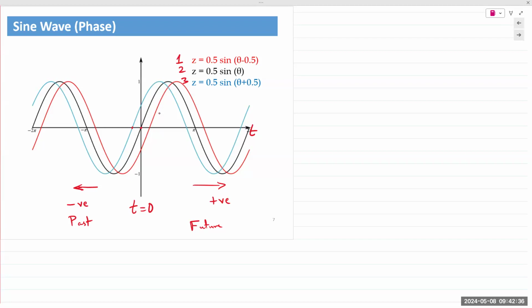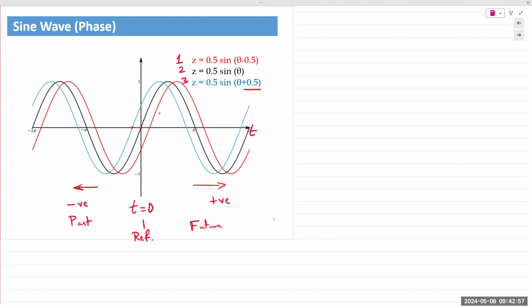So our reference point would be time t = 0 in waveform number 2, which is the waveform in blue, has already crossed the x-axis sometime in the past. And we represent that by a positive phase.